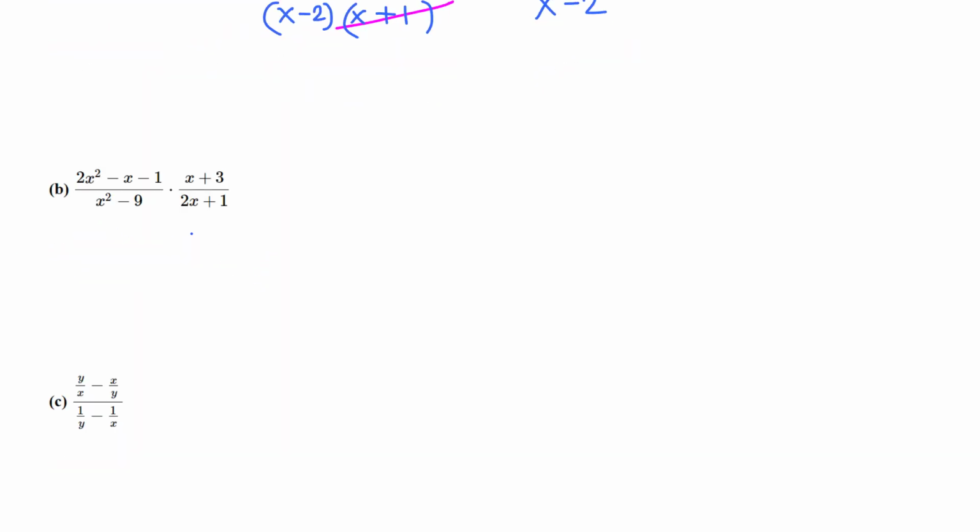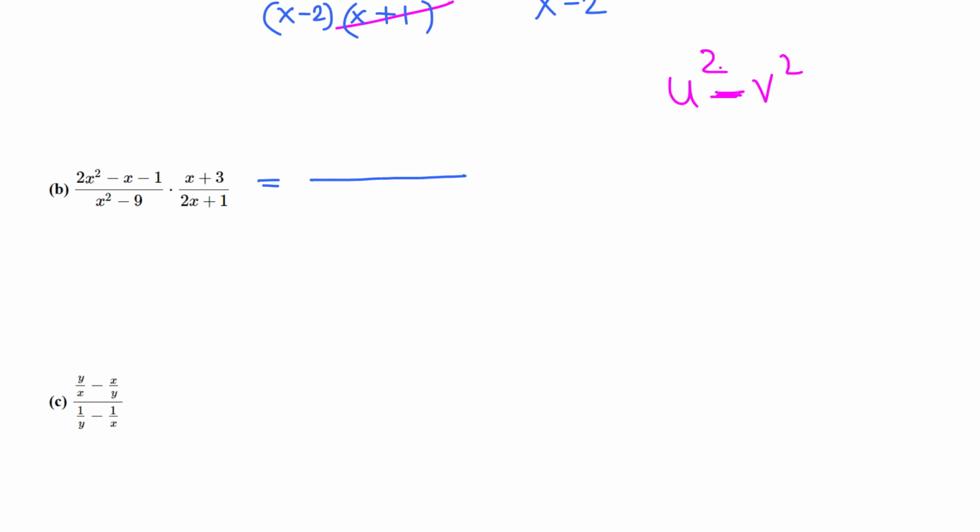In part B, it's the same thing, but we have more polynomials, 1, 2, 3, 4, so we need to factor all 4 if possible. Let's do that. The top one is not easy because we have a 2, but on the bottom x squared minus 9 is a difference of two squares.